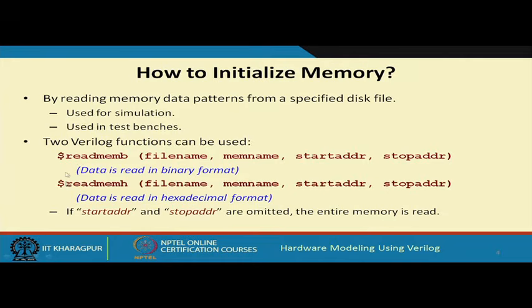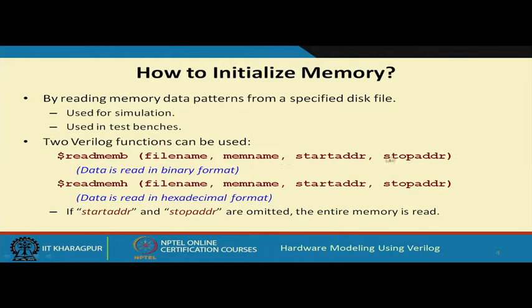There are two functions available, and they are useful for simulation, particularly in test benches. These two functions are readmemb and readmemh. In the first function, the data is stored in the file in binary format, in 0-1 format, while in the second one it is stored in hexadecimal format.